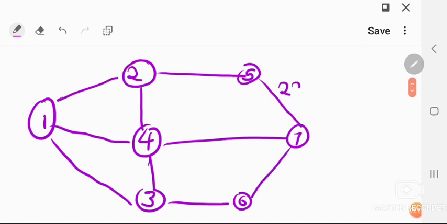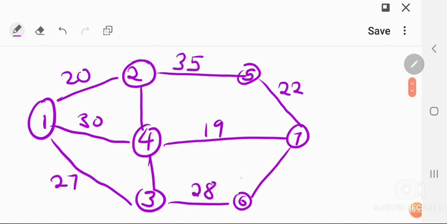Then let's put in some weights, so the amounts that are on each arc. They are 30, we have a 20 there, 35, 27, 28, 18 here. I think we've labeled everything almost.